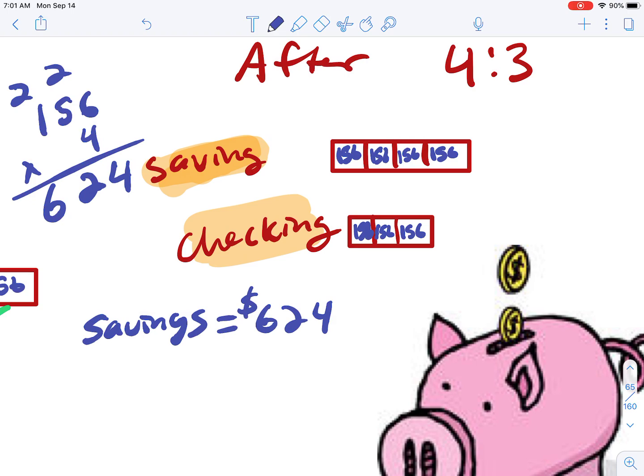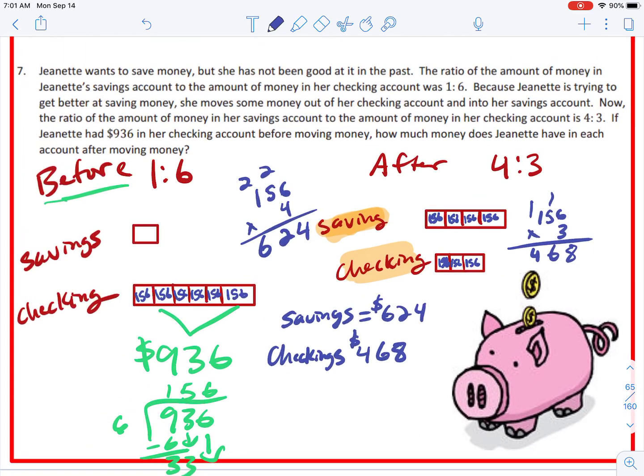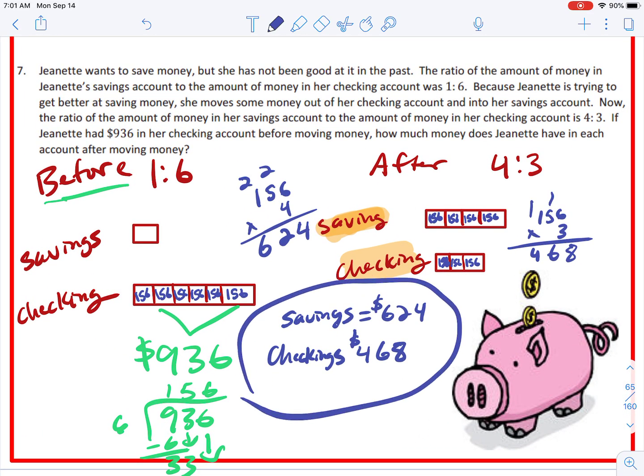For her checkings, 156 times 3, 18, 15, 16, 3, 4. So her checkings was $468. Okay, and that is our answer.